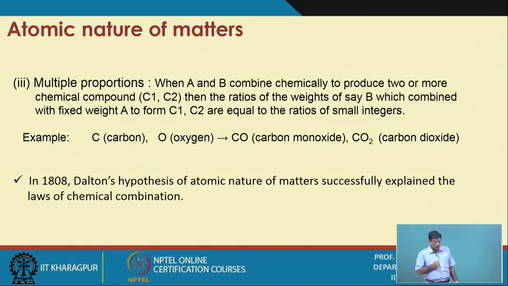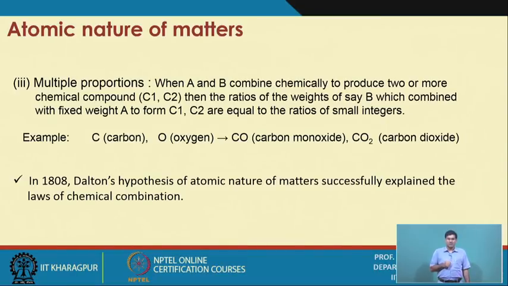Multiple proportions: when A and B combine chemically to produce two or more chemical compounds, say C1 and C2, then the ratios of the weights of B, which combine with a fixed weight of A to form C1 and C2, are equal to ratios of small integers. Okay. So, what does it mean?